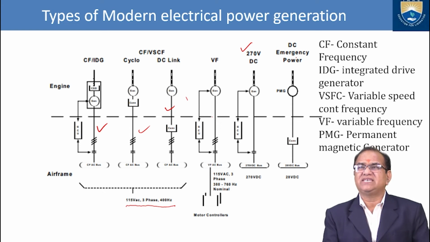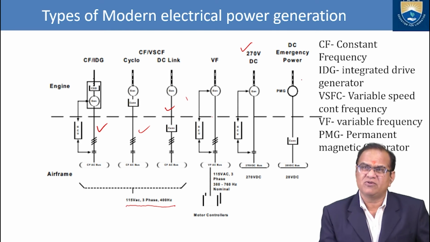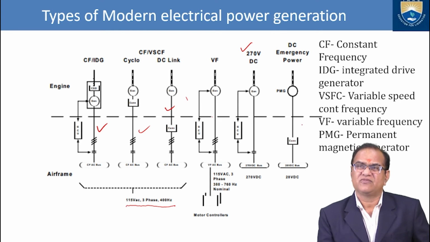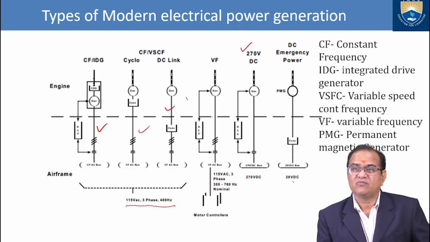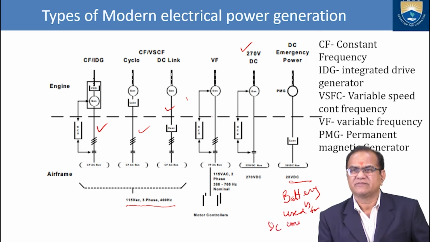Now the DC emergency power is also available. If battery and other systems are there, those provide 28 volt DC. Mostly the battery is used for DC emergency use.